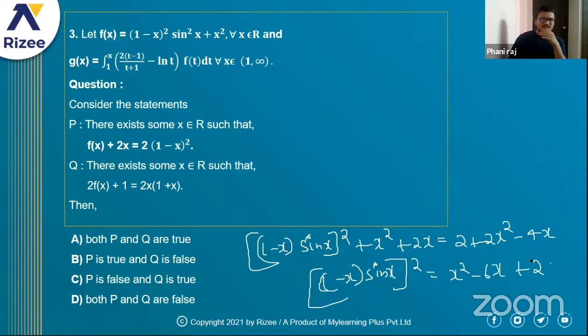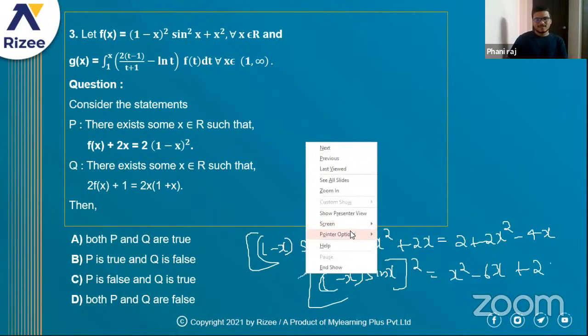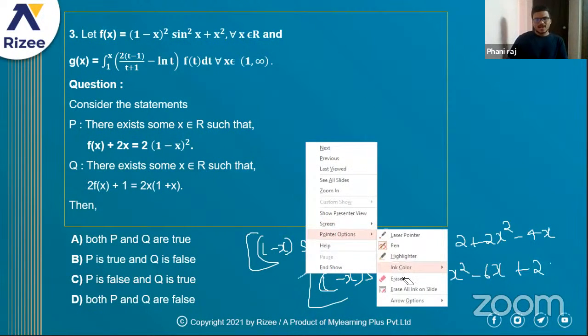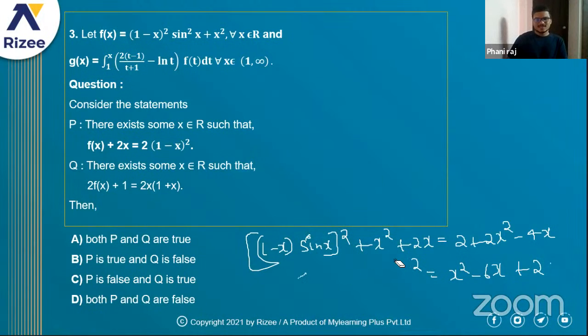Plus x square plus 2x. Okay, let's not do this step. Let's try to get 1 minus x somewhere, because in that case you can cancel. This is also correct, but let's try to simplify our problem.